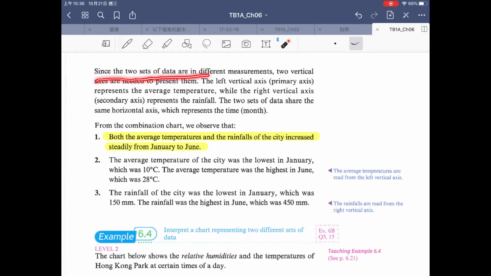Since the two sets of data are in different measurements, one is rainfall and one is temperature, two vertical axes are needed. The left-hand side represents the temperature, and the right vertical axis represents the rainfall. Because they have the same time period, so we are using the same horizontal axis.